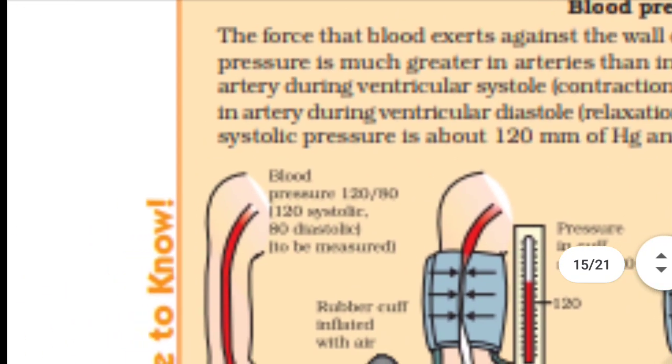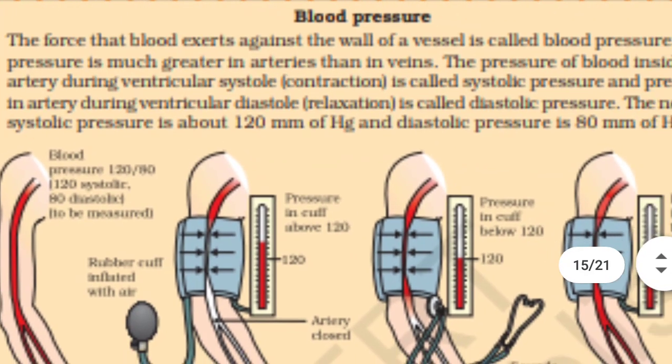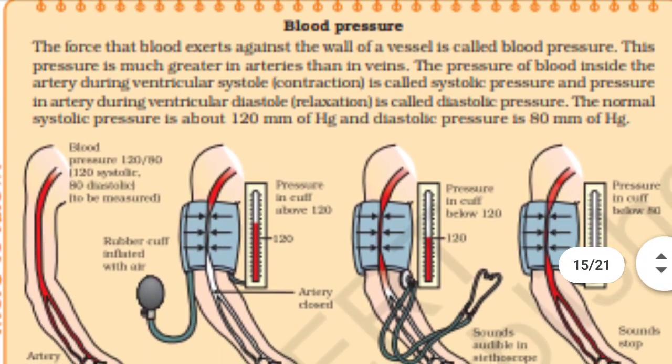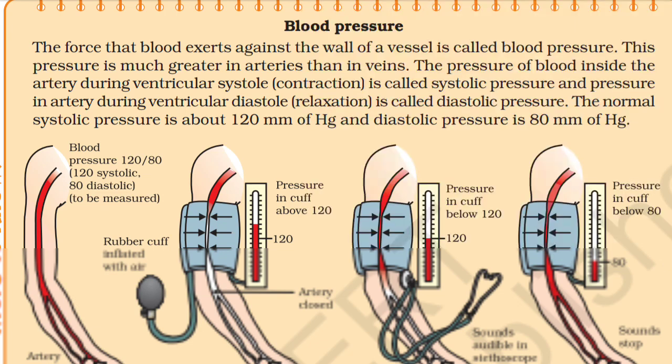Now, more to know: blood pressure. The force that blood exerts against the wall of a vessel is called blood pressure. This pressure is much greater in arteries than in veins.